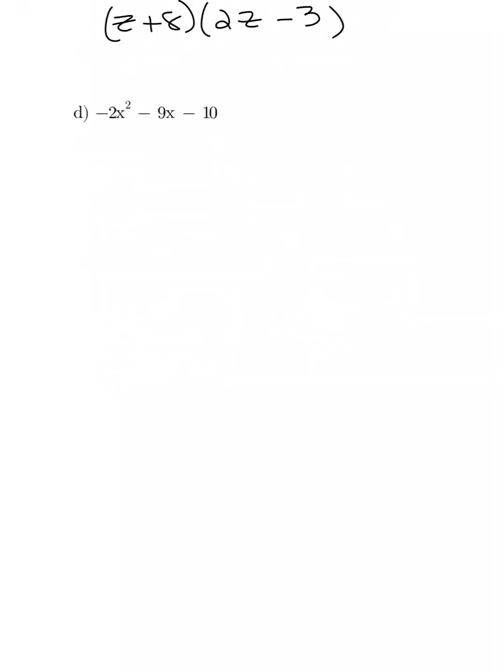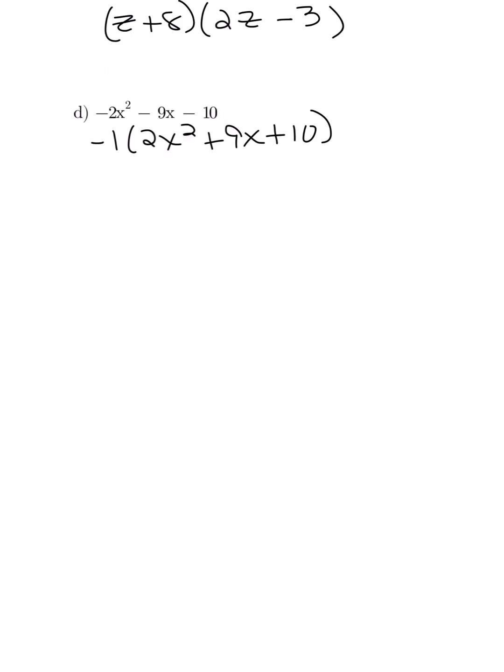On this last problem, our first term is negative. So the first thing that we have to do is factor out a negative 1. When we do that, remember that the effect it will have is changing the signs of each term inside. So now we have positive 2x squared, positive 9x, and positive 10.